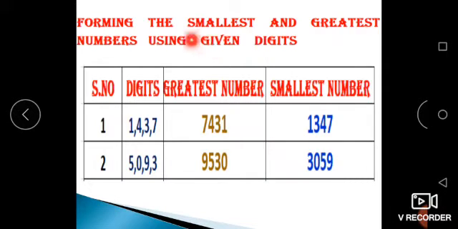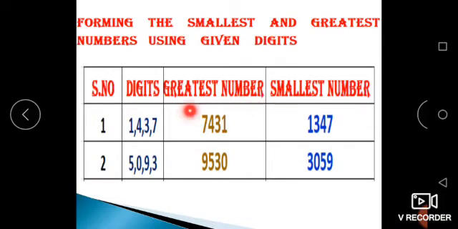Let us learn how to form the smallest and greatest 4-digit numbers using the given digits. I give an example sum. We are making the greatest number and the smallest number.